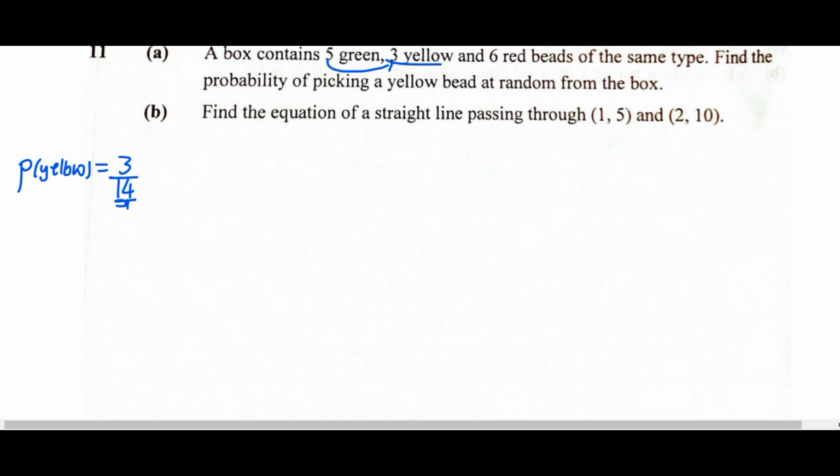Now we move on to question B. Find the equation of a straight line passing through (1,5) and (2,10). So for the equation of the straight line, the formula is y minus y1 is equal to gradient, open brackets, x minus x1. So (1,5) will be x1, y1 and (2,10) will be x2, y2. So we need to find the gradient.